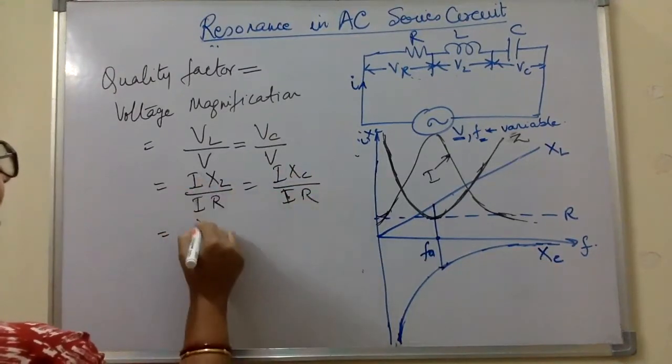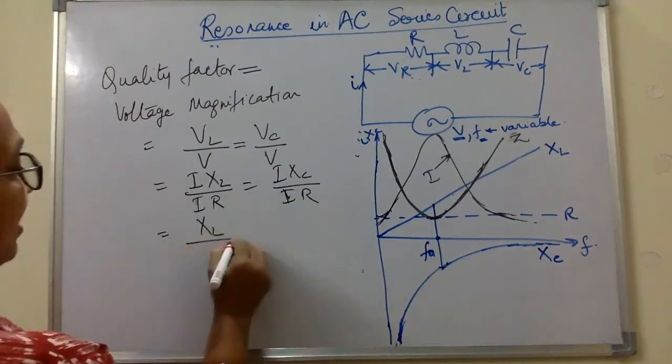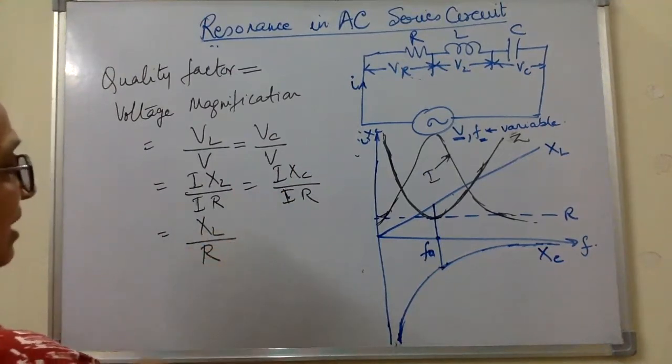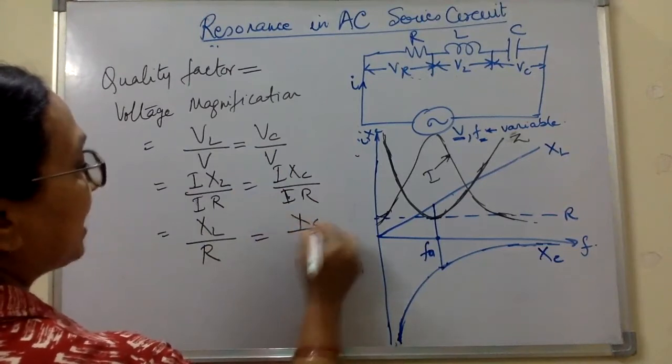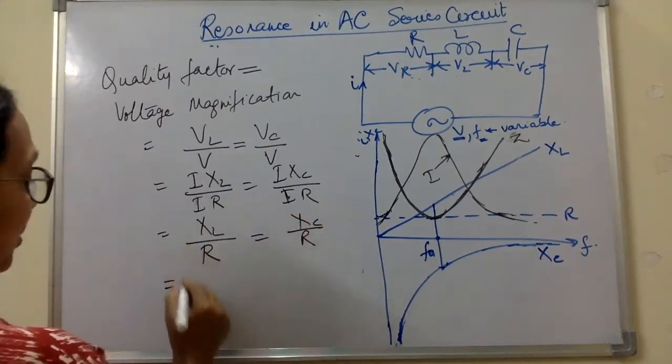So it can be written as the voltage magnification or the quality factor is equal to XL by R, or it can be written as XC by R, and these two terms are also equal.